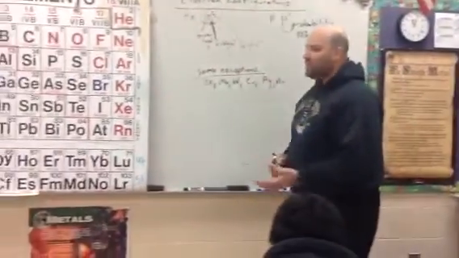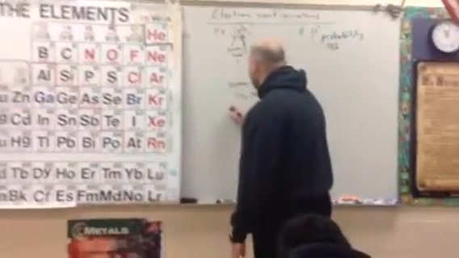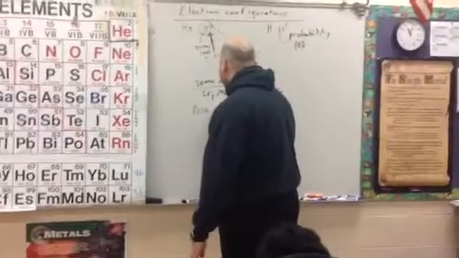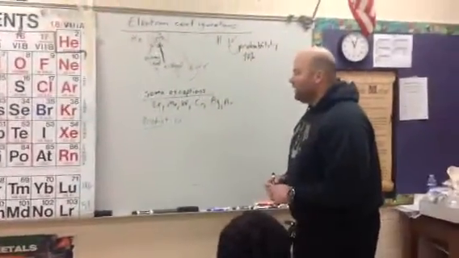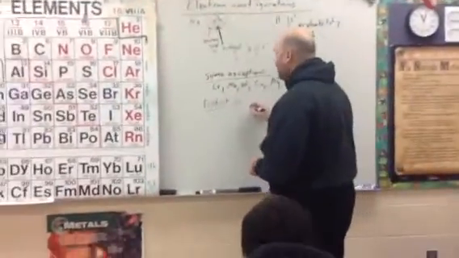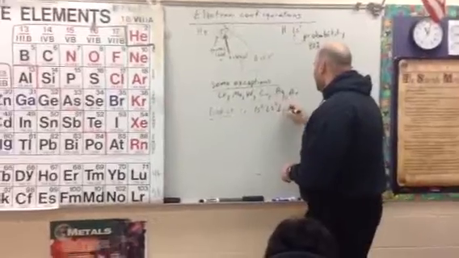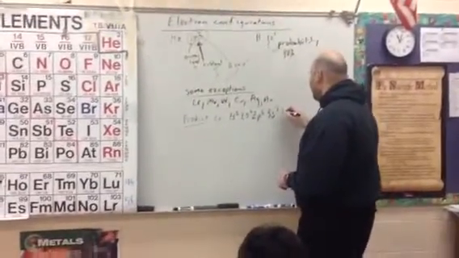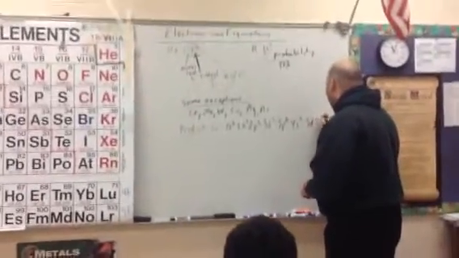So first let's look at what the wrong answer is, because that's going to help us understand what the right answer is. So what you would predict for chromium, and we'll actually write out the whole electron configuration, would be 1s2, 2s2, 2p6, 3s2, 3p6, 4s2, 3d4.